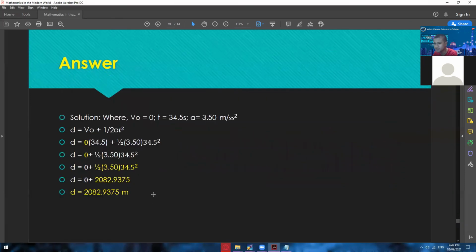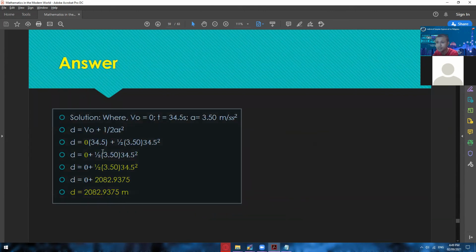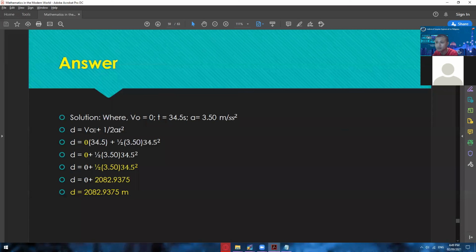Well, here's the computation. Since we've started at rest, it's zero velocity, so just substitute the value of vo right here as 0, and then you will get, oops, my bad, another typo, there should be t in here, which is the time, so vo times t.